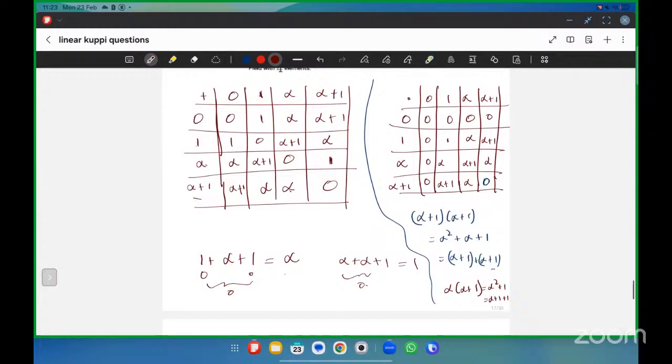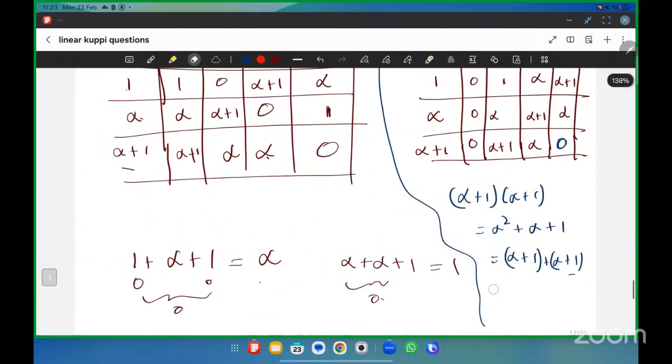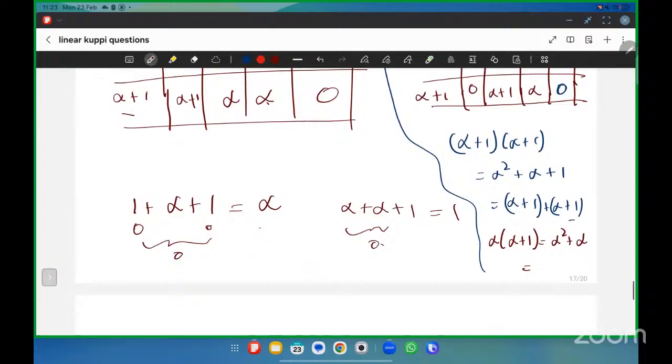Sorry, I made one mistake. Alpha into (alpha plus 1) is equal to alpha squared plus alpha, which is equal to alpha plus 1 plus alpha, that is equal to 1.